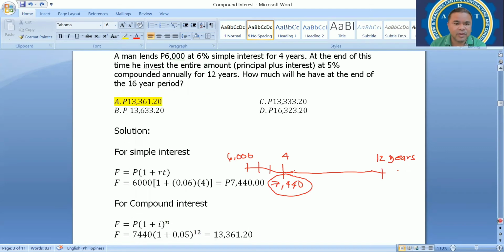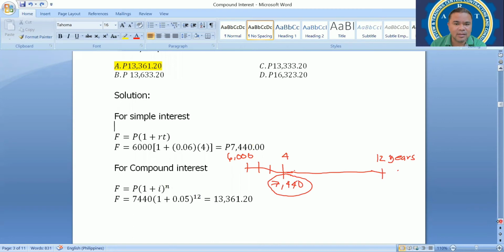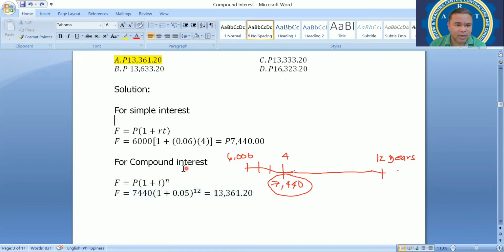So for the compound interest, we have F equals P(1 plus i) to the n, which is 1 plus 0.05 to the n, for 12 years.